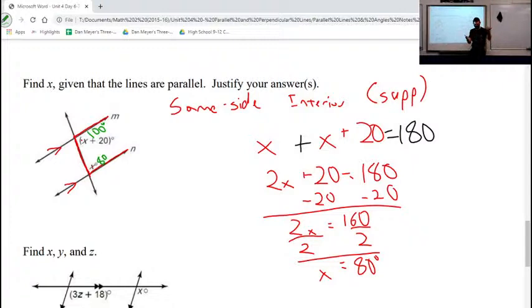We didn't say they were congruent. We said they were supplementary. And good news, 100 and 80, that sounds like they're going to add to 180. Questions on that one? Pick out your angle. Use it to build your equation.